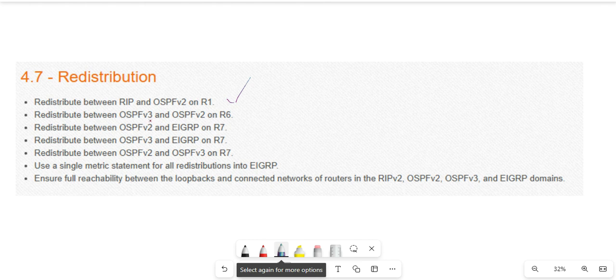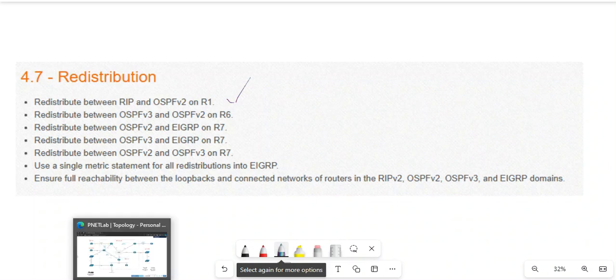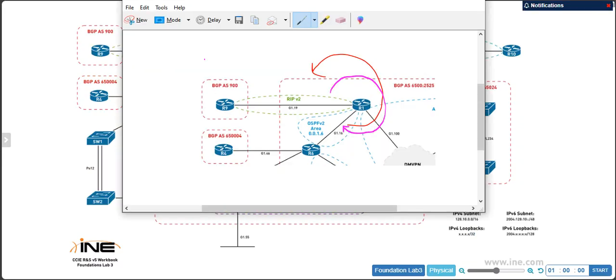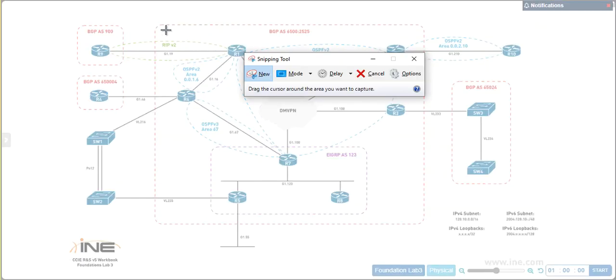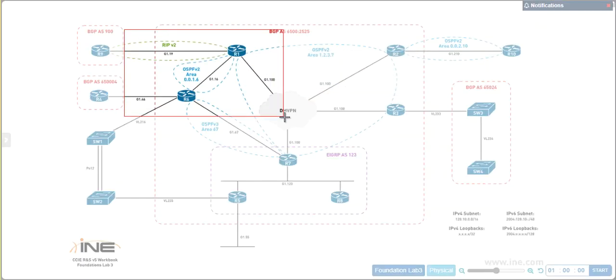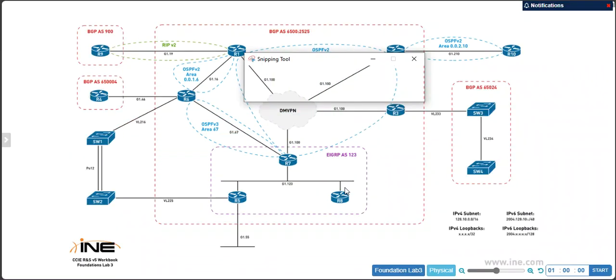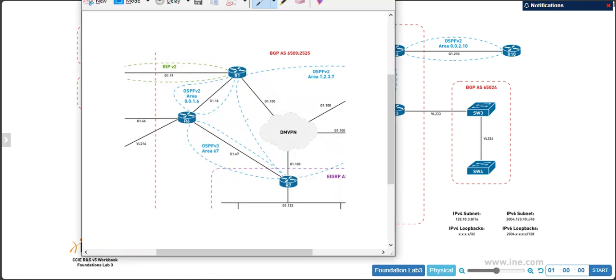Now redistribute between OSPF version 3 and version 2 on R6. Let's verify this on R6. Analysis: we have OSPF version 2 and OSPF version 3. This interface 1.16 is in OSPF version 2 and 1.67 in OSPF version 3.